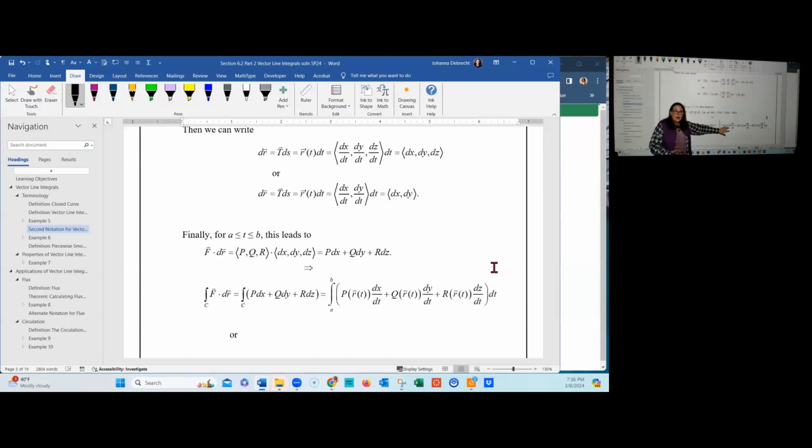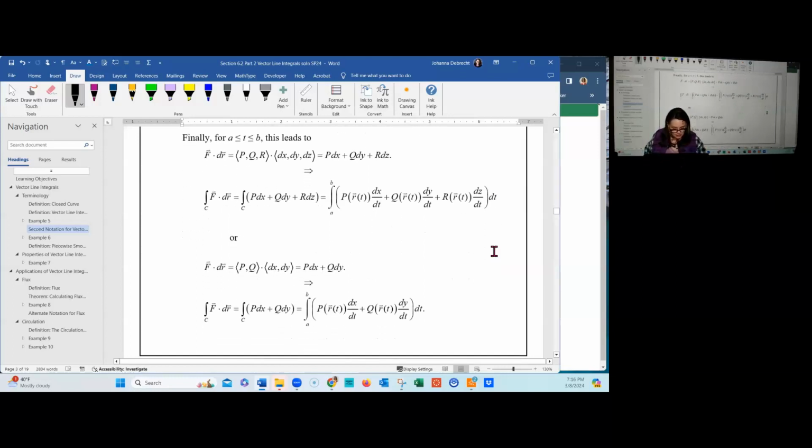Then you parameterize each component of the vector field, P of r of t dx/dt, plus Q of r of t dy/dt, plus capital R of r of t dz/dt, all then multiplied by the differential dt. And we can see this as well in the 2-dimensional case.